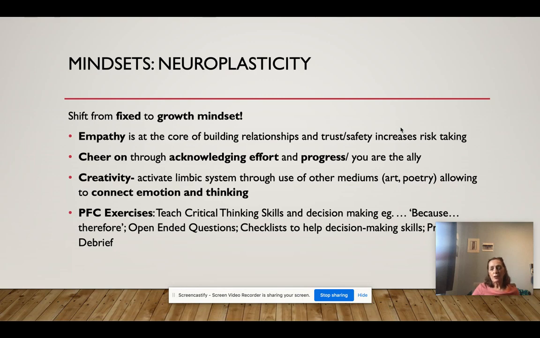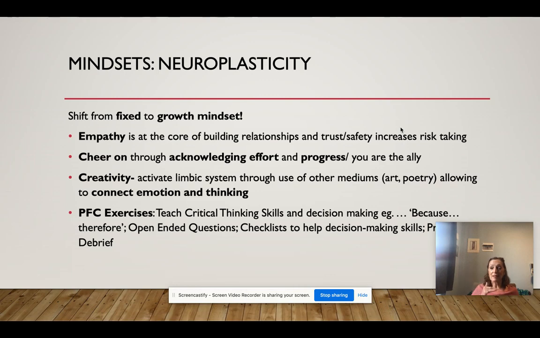So empathy is at the core, we know, of building relationships. And in order to have this neuroplasticity, we have to have trust and safety, because that's going to increase a kid's ability to take some risks and make mistakes in their learning. We have to be able to acknowledge that mistakes are good, because from mistakes we learn and grow, right?